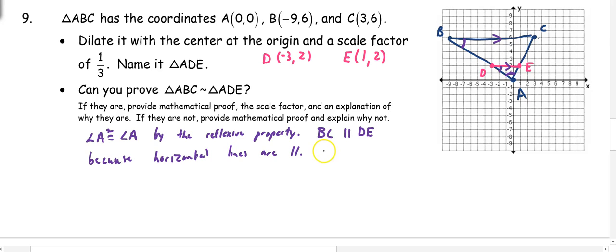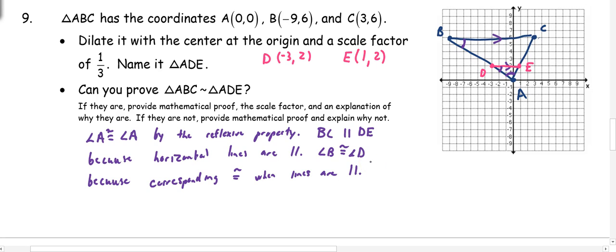So we would have that angle B is congruent to angle D because corresponding angles are congruent when lines are parallel. So then to end this, we would say that triangle ABC is similar to triangle ADE.